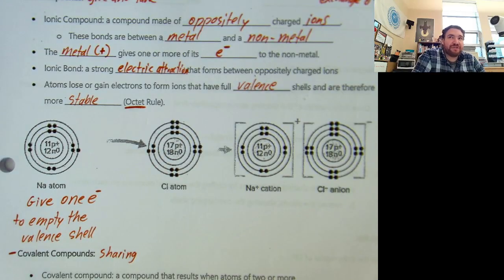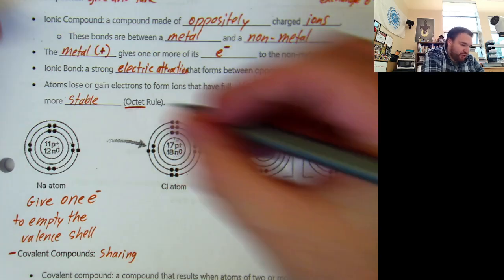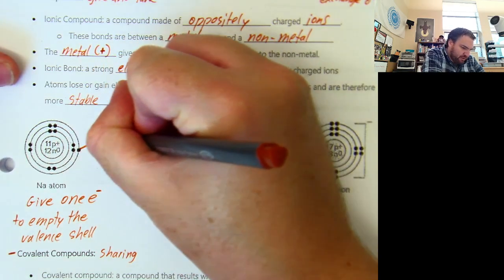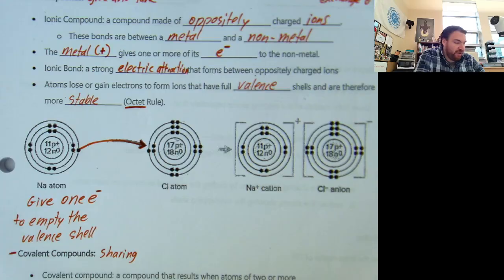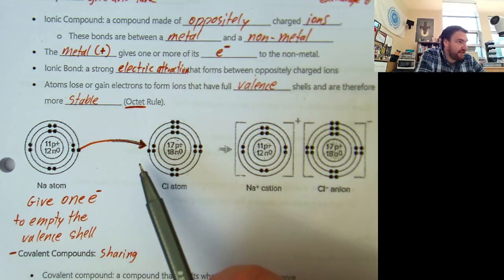And how you're going to demonstrate this, because I'm going to get you to draw this process, is you're going to connect an arrow, just like this diagram has done, showing the one that has left and placing it where it needs to go.